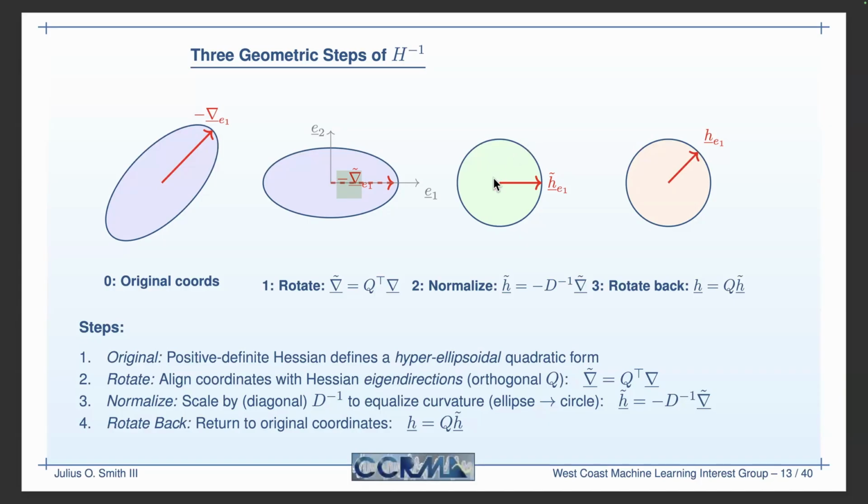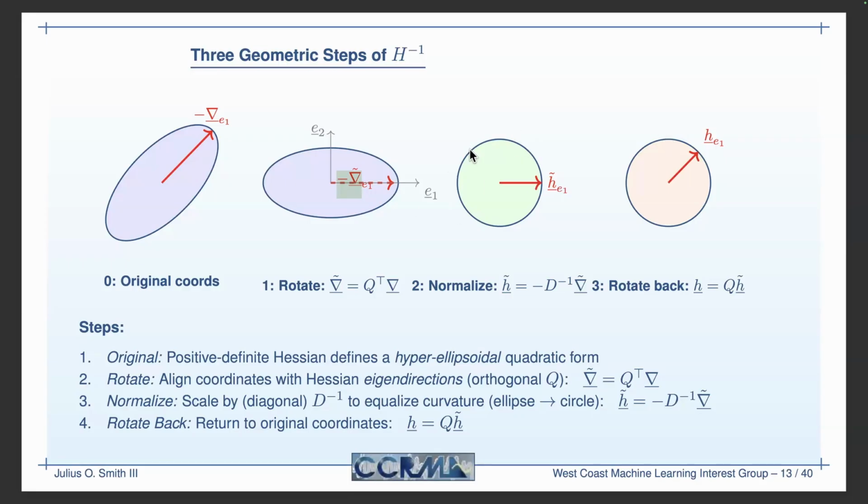It'll have been shrunk simultaneously in the X and Y directions, but different amounts based on our D inverse. Then we're going to rotate it back and you'll see once again it'll be pointing due north. So you don't have to do this one coordinate at a time. Julius was just showing us one coordinate because it's easier to think about a single coordinate, like a basis vector. But the reality is you can do all of the different coordinates simultaneously. So I thought I would just comment on that.